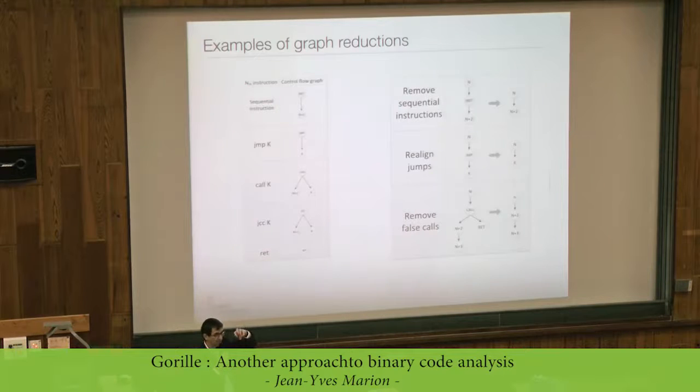That means you have a graph, and we are reducing it by preserving, it's a big word, some semantics of the program. That means that if you can take this path, when you are reducing your graph, you can always take this path. Maybe it will be shorter, it doesn't matter. But if there is a path, the reduction should be able to conserve this path.